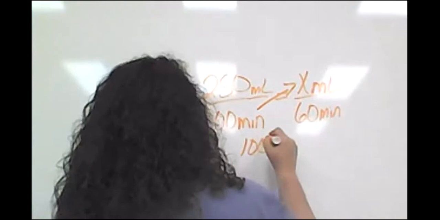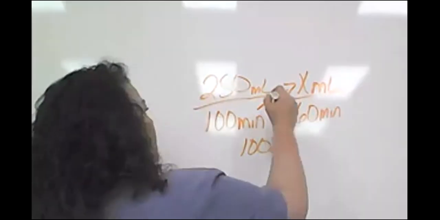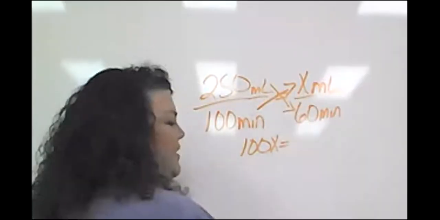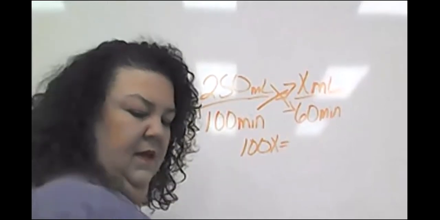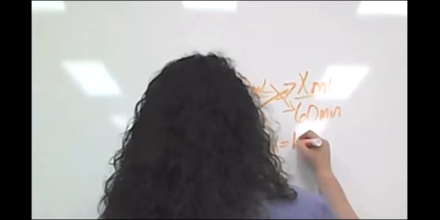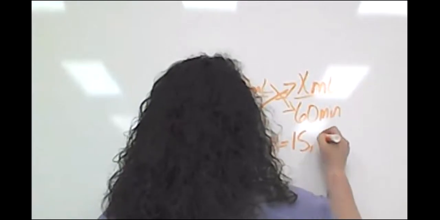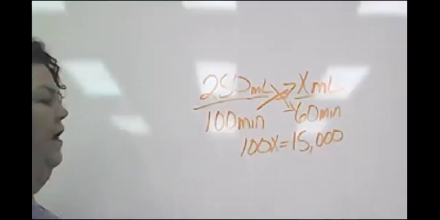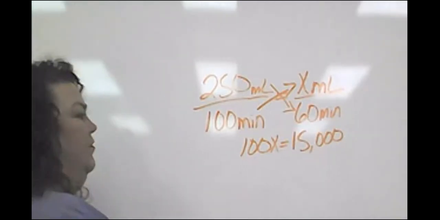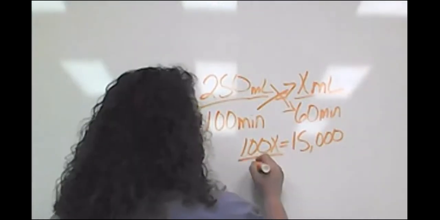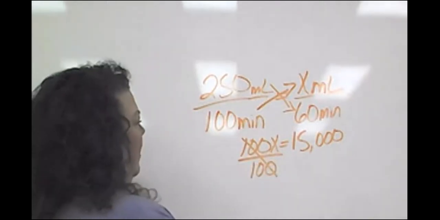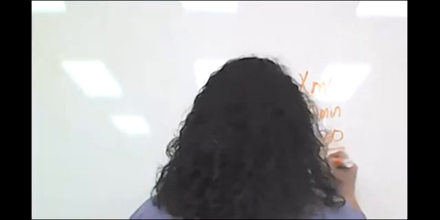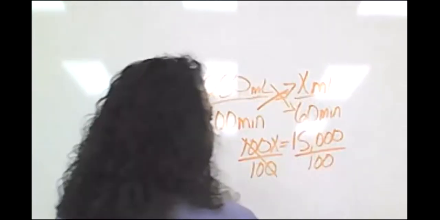100 times X gives me 100X. 250 times 60 is 15,000. Now, this X is currently being multiplied by 100, so I'm going to have to divide by 100 to cancel that out. And what I do on one side of the equal sign, I must also do to the other side of the equal sign.